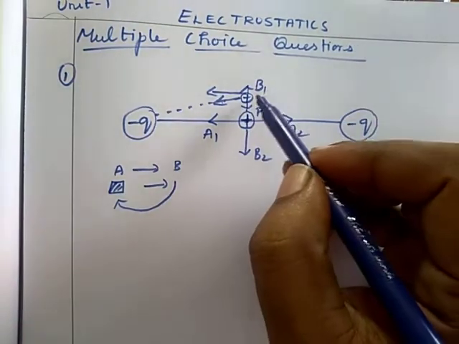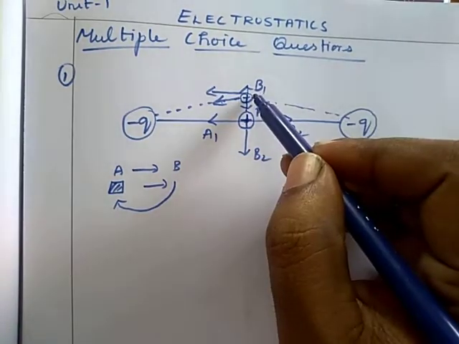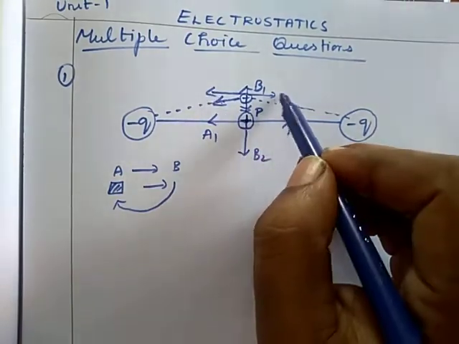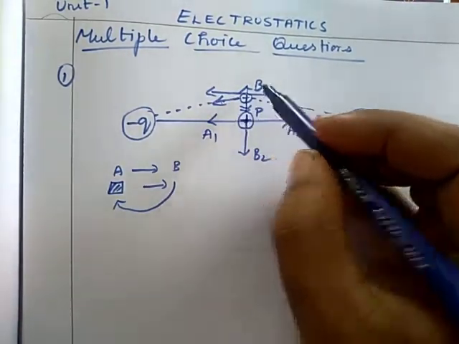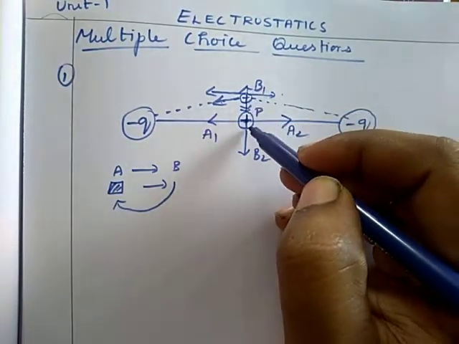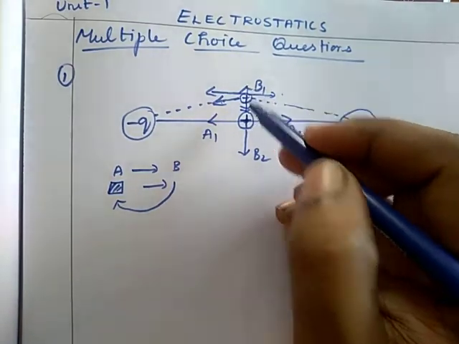For this case also it will be split into two components, one horizontal and one vertical. These two horizontal components cancel each other, but this vertical component pulls the charge to the point P. Okay, it comes to the original position. That means a stable position.